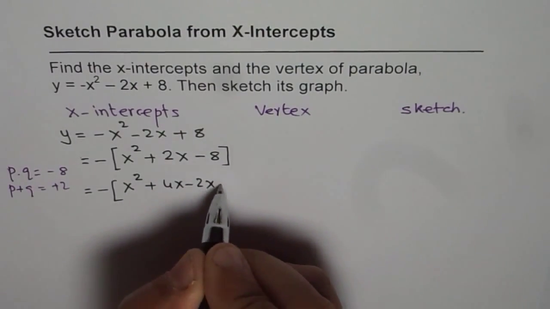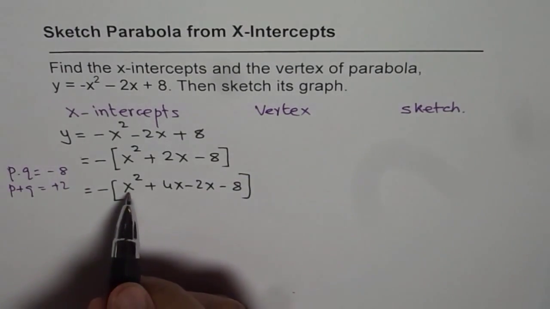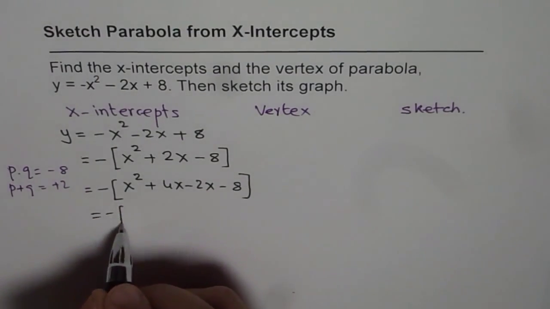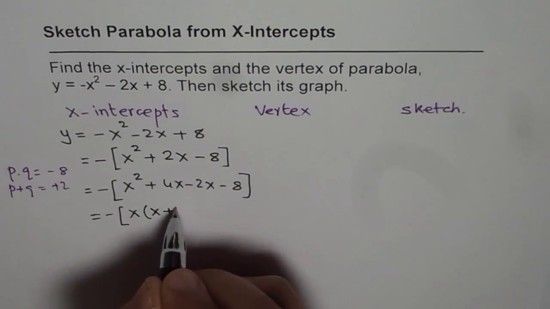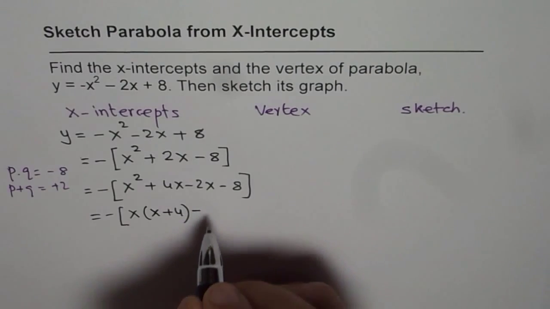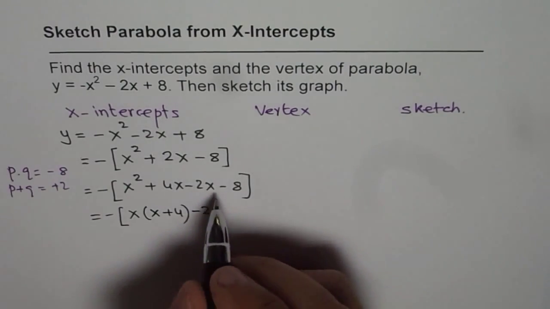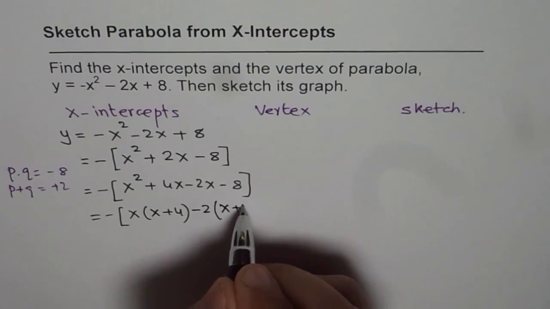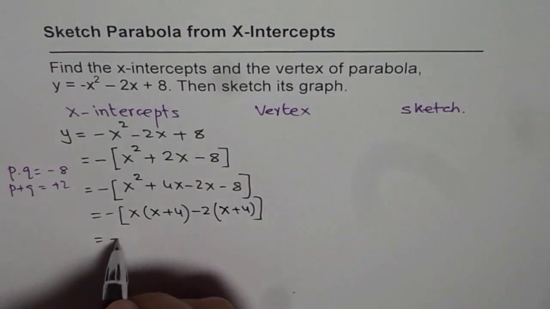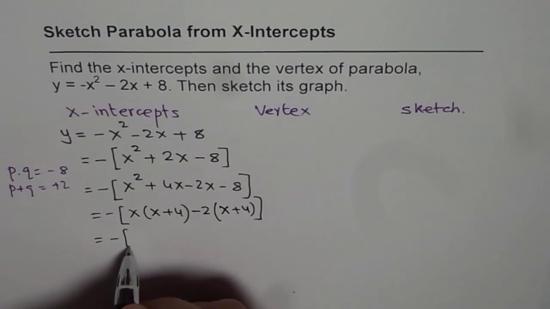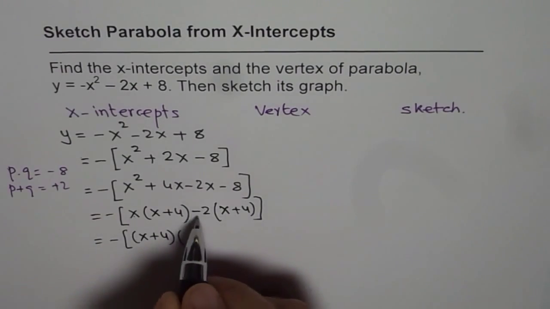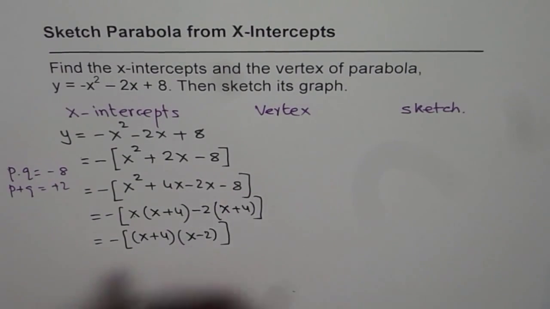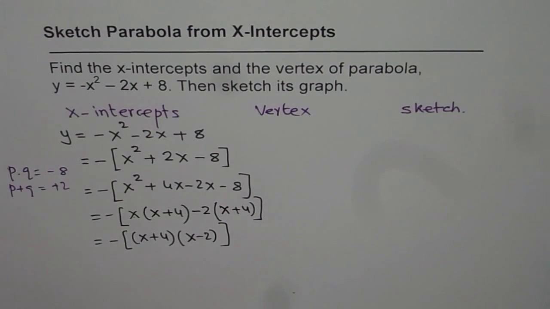We get x² + 4x - 2x - 8, and now we group the first two terms to factor. We get x as a common factor, giving x + 4, and then -2 as a common factor for the last two terms, which gives x + 4 there also. You should always get that same thing. So we get -(x + 4)(x - 2), and that becomes the factored form.